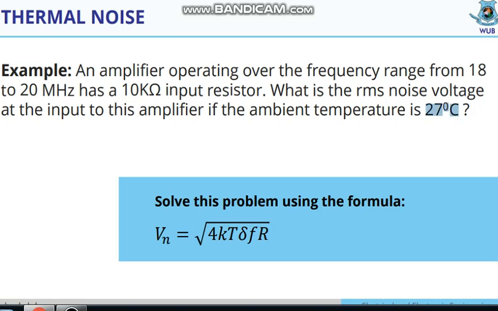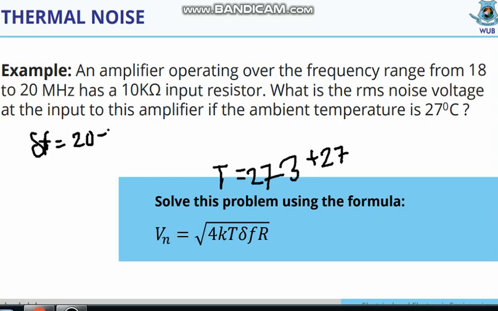If we have 27 degrees Celsius, we have to convert it to Kelvin. So first of all, T will be 273 plus 27, that is 300 Kelvin. The bandwidth, delta F, is the difference between these two, 20 minus 18, that is 2 megahertz, and R is 10 kilo ohms. After putting in these values, we will get the answer.